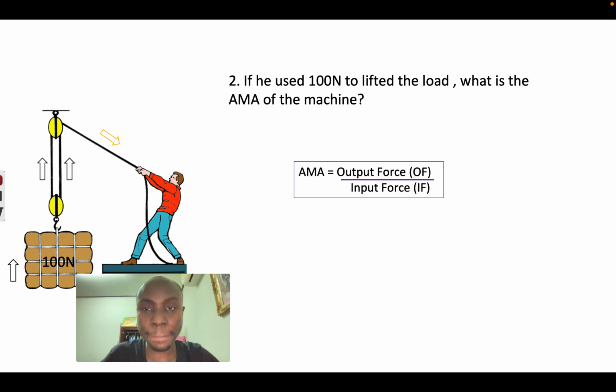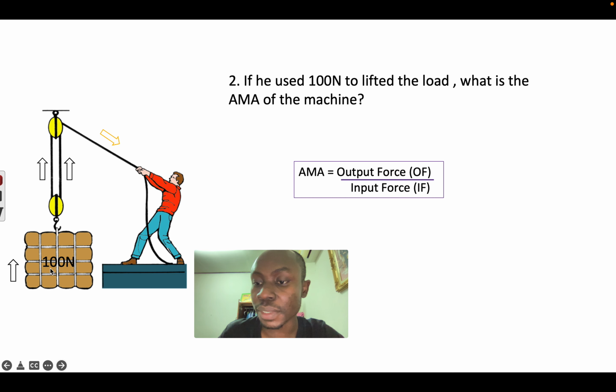Okay. Number 2, if he used 100 newtons to lift the load, what is the AMA, the actual mechanical advantage of the machine? AMA is what? The output force, which is the weight of the load, 100 newtons, divided by the input force, the force we used.